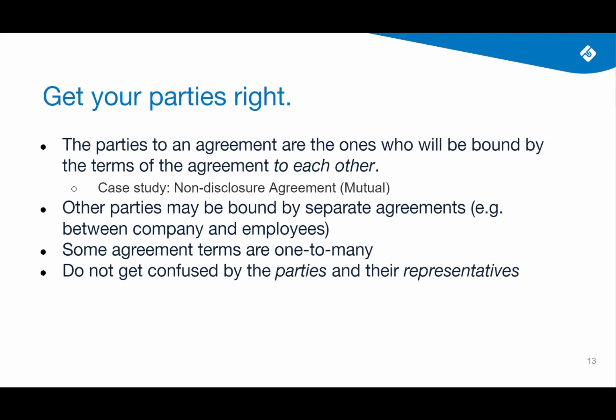Some agreements are also one to many. These are also known as contracts of adhesion, and typically refer to terms and conditions, which is to say that when you are becoming a Lawpath customer, for instance, and you click on the sign up button, which leads to payment, you will be directed to our terms and conditions page, and those terms and conditions apply to every customer that makes a contract with us.